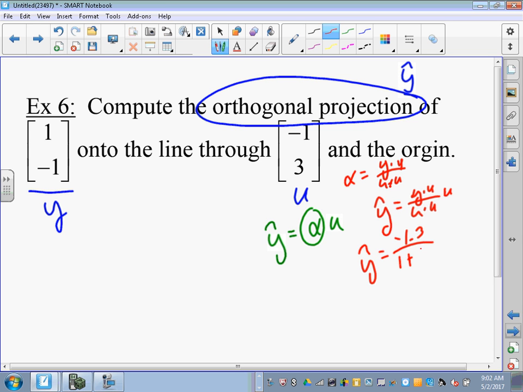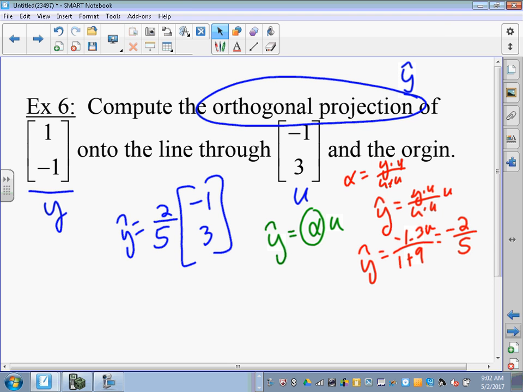1 plus 9. Okay, so that will give us negative 2/5. Oh, sorry, and then I need to multiply that by u. So stick that in there. y hat is just going to be 2/5 of negative 1, positive 3. Is that correct?